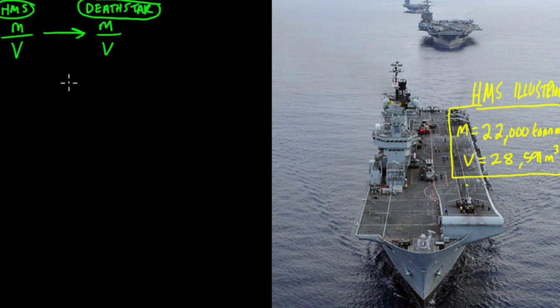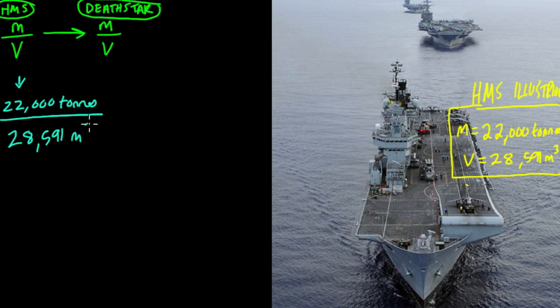So the ratio could be something like this. For the HMS Illustrious, we can set it up down here, so it says 22,000 tons, and I'm going to leave it in tons. Right? Tons are a larger measurement than both kilograms or pounds, and thus will give us a smaller number. This tonnage takes into account more weight. So 22,000 tons on the HMS Illustrious for 28,591 cubic meters.